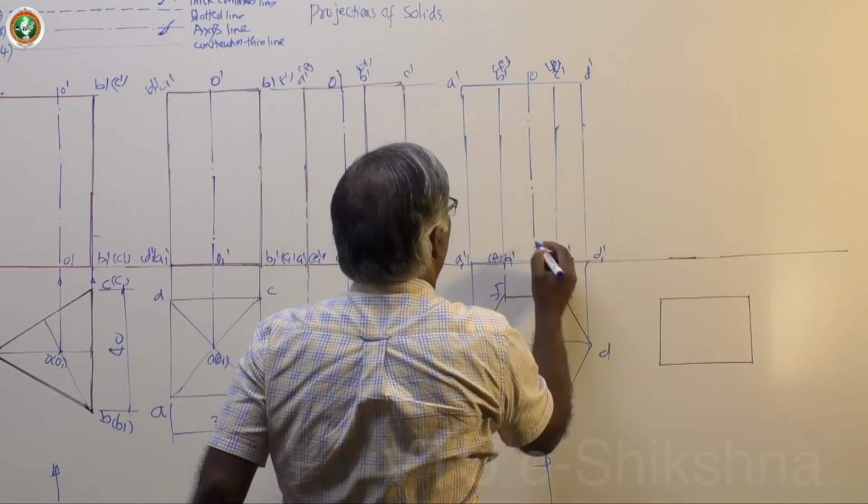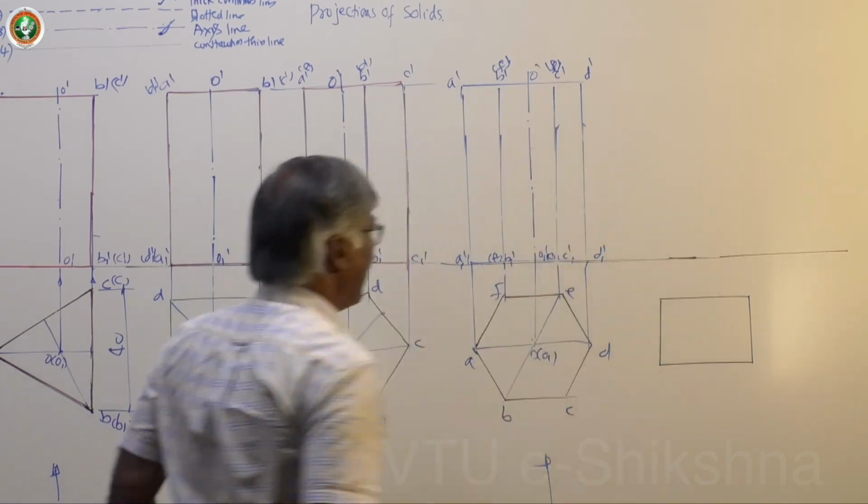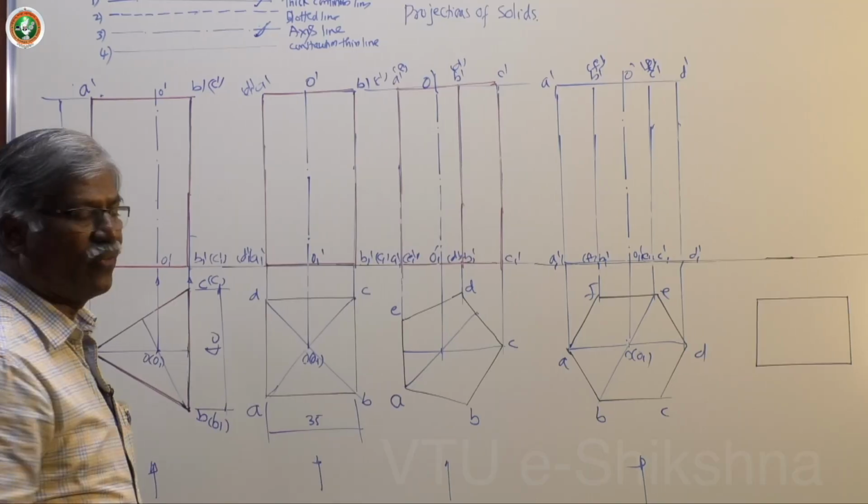This is O, O1, O dash, O1 dash. So you have to dark the front view.